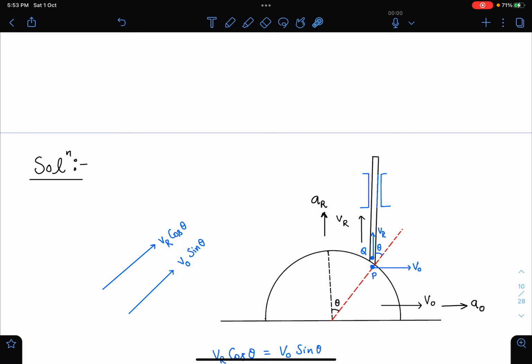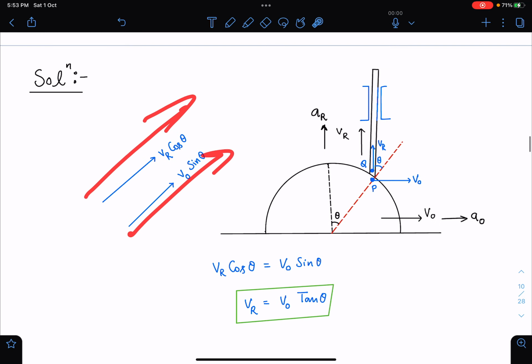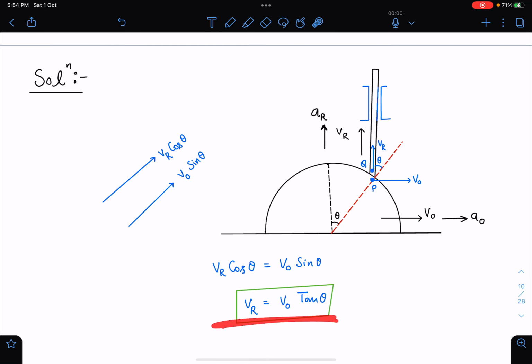Now along the common normal, these components are going to be VR cos theta, and this is going to be V naught sin theta. All right. So VR cos theta and V naught sin theta, these two must be equal. So we are getting VR is equal to V naught tan theta at this particular instant. But guys, you must see that theta is actually variable.